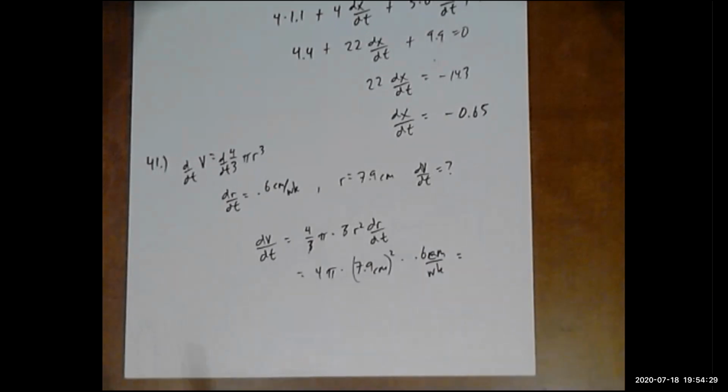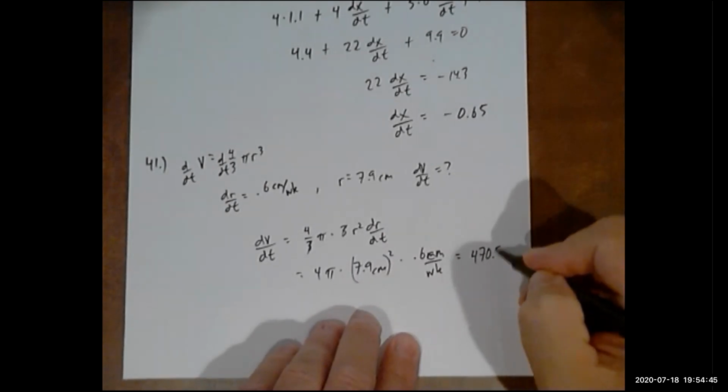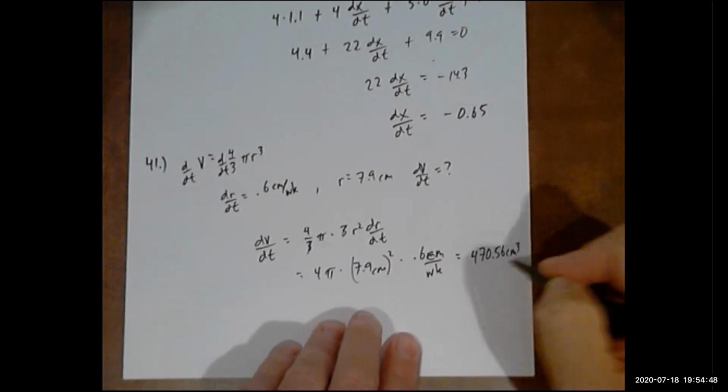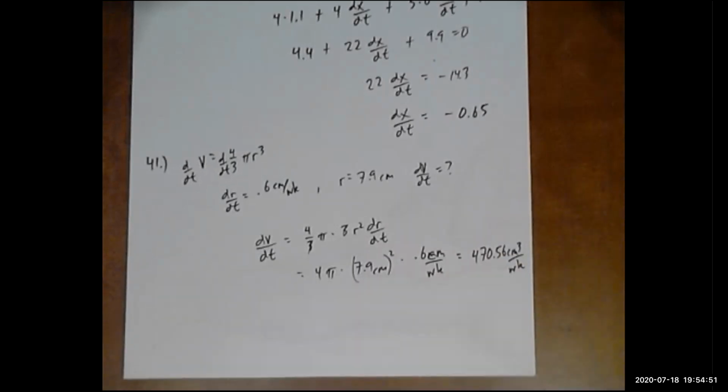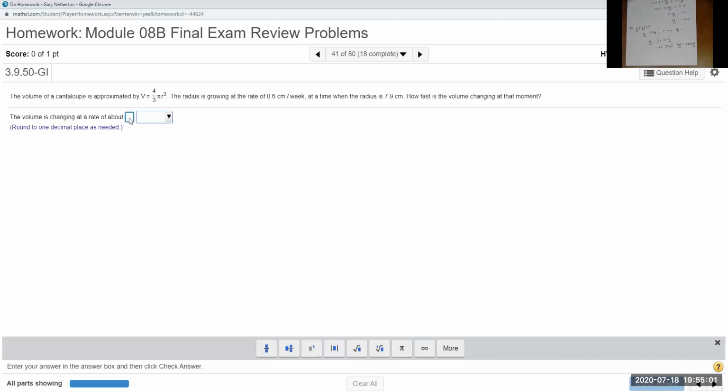So grab your calculator: 7.9 squared times 0.6 times pi times 4, 470.56. Cubic centimeters per week. Oops, 0.56.